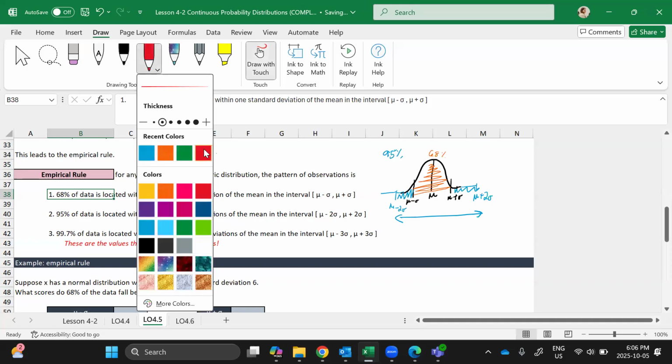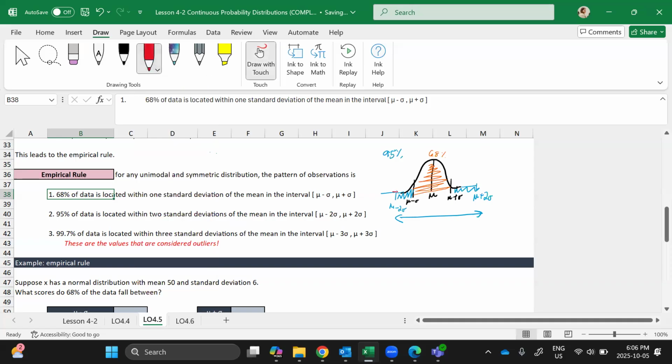Didn't switch when I tapped it the first time. There we go. So mean minus 3 and mean plus 3, between those two values, 99.7%, or there's a 99.7% probability of being 3 standard deviations either above or below the mean. So between these values here. 99.7% is almost 100% of the data.